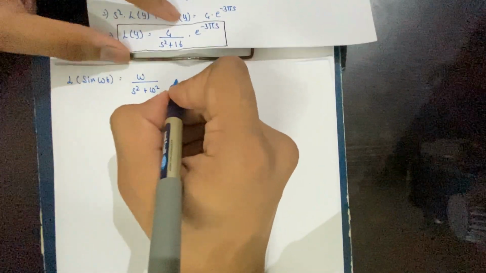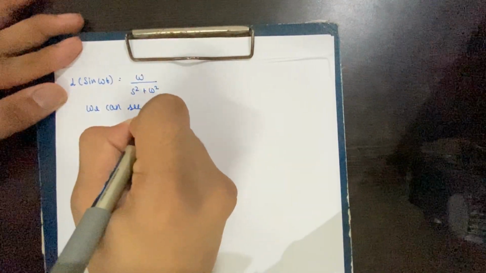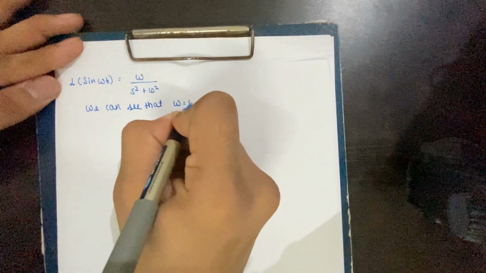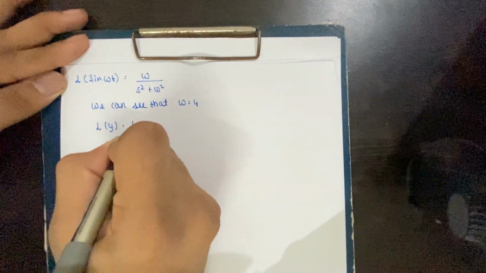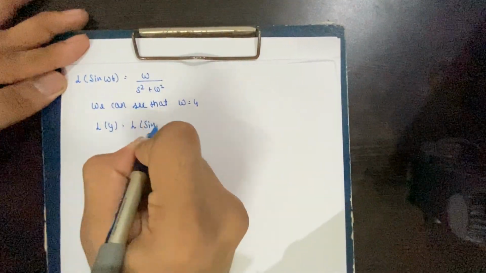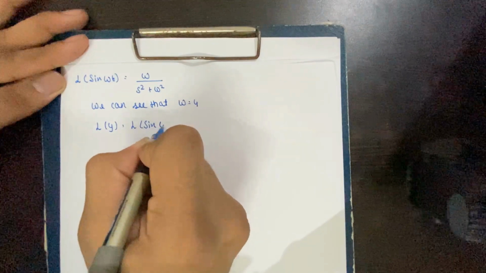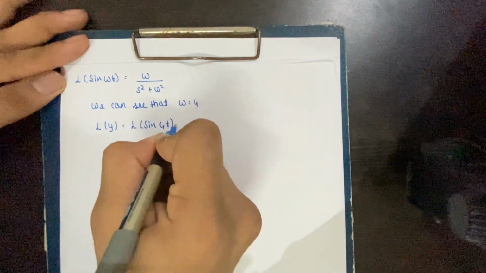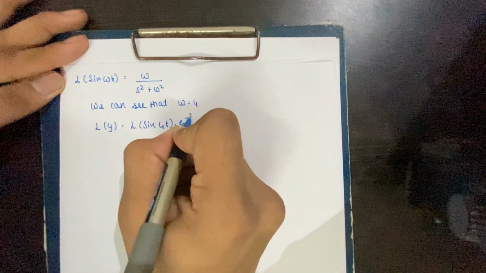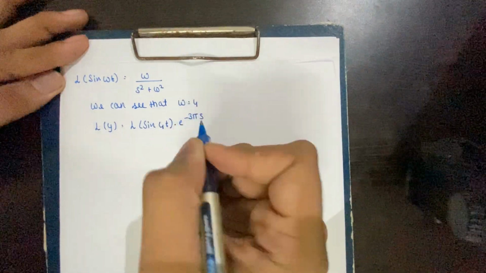We can clearly see that omega equals 4. So we can write this as Laplace of y equals Laplace of sine 4t times e power minus 3 pi s.